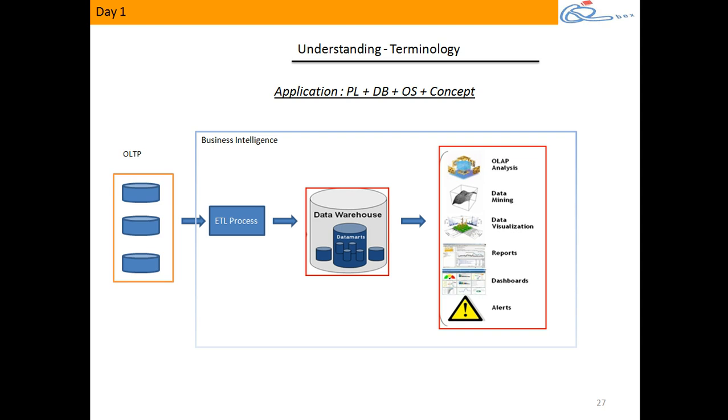As a BW consultant, you do that. Your client would buy the BW software, they will install it, and then you start customizing it as per your business requirements, and then you give it to them, and they start using it. As a BW consultant, you do all those kinds of customizations onto the BW system. So when I say application, it's software you have to install, then customize to use it.